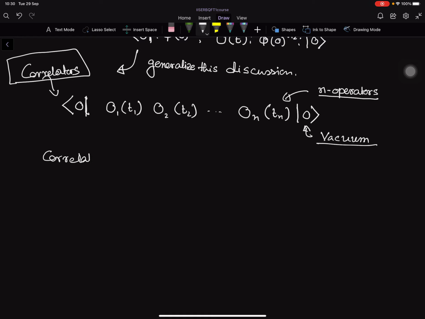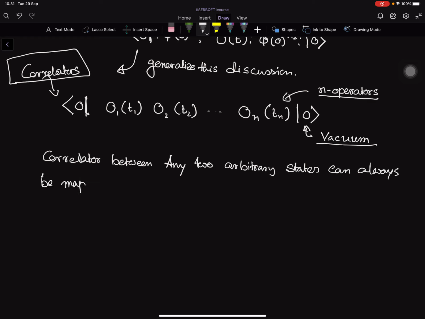So a correlator between any two arbitrary states can always be mapped to a vacuum correlation.